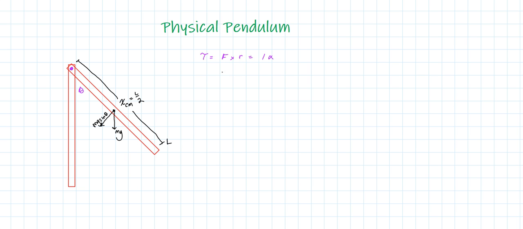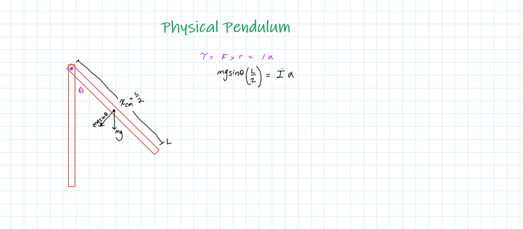We've got to say that the force might be mg sine theta. R now is going to be L over 2, not L, like it was in the previous example. Now in addition, I is not going to be mr squared.